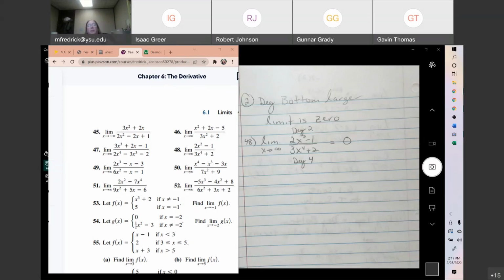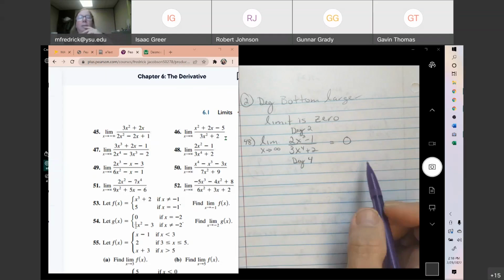Degree on the bottom's larger, it's 0. If we look at number 47, again, degree on the bottom is 4. The degree on the top is 3. So our answer is 0. Any questions on this one?